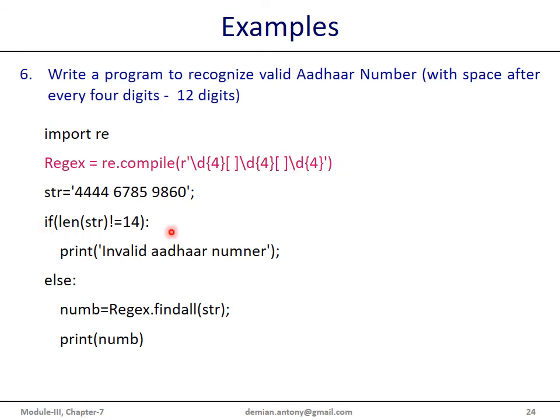We also check the length of this string: the actual length of the Aadhaar number string is 14 characters, that's 12 digits plus 2 white spaces between the groups of digits. If there's a change in the number of characters, then it's definitely an invalid Aadhaar number, and otherwise we recognize the number as a valid Aadhaar number.